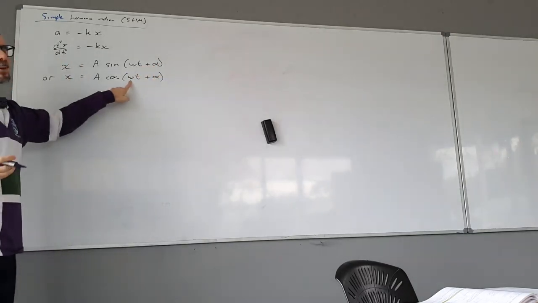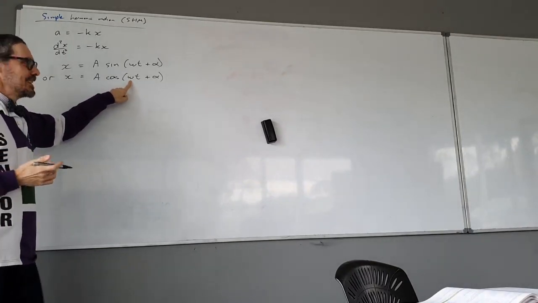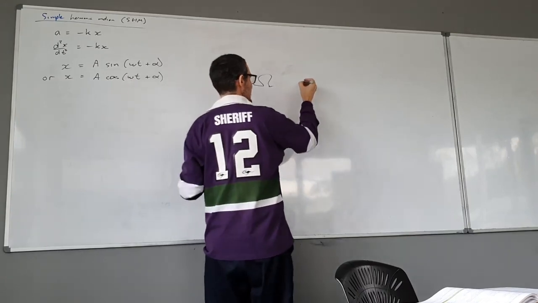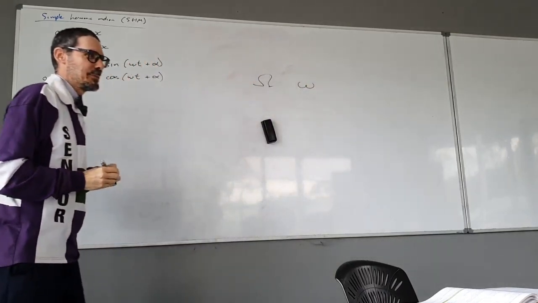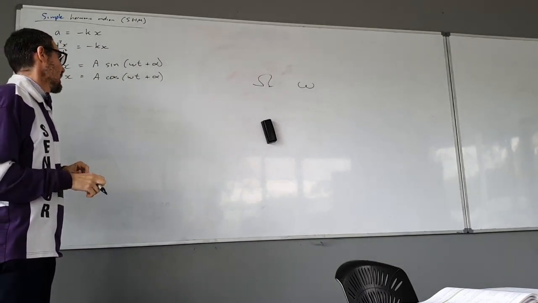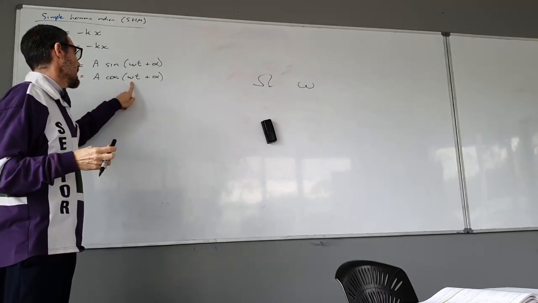Why did I choose omega? Because it comes from physics. Do you know what an omega looks like? That's not a capital omega for ohms. This is a small omega. You can put almost anything you like here, but traditionally we put omega.